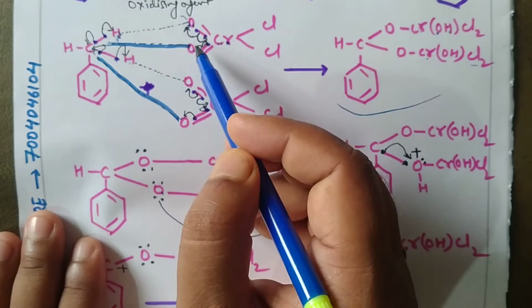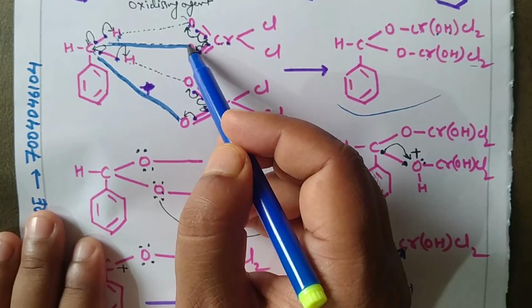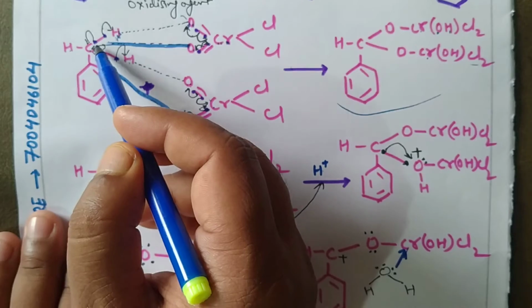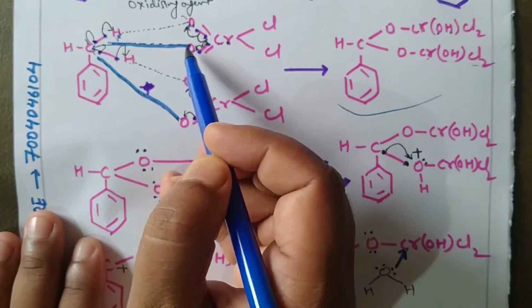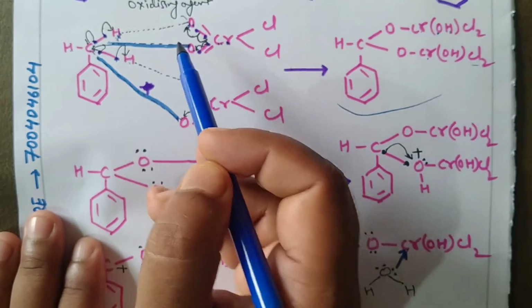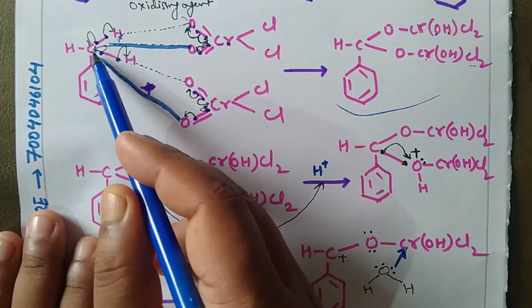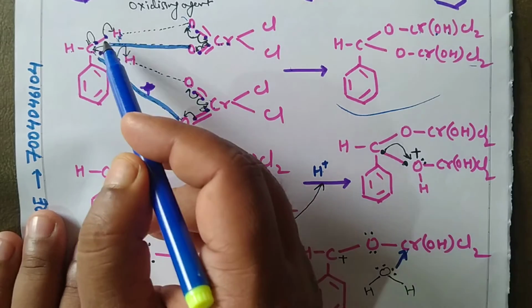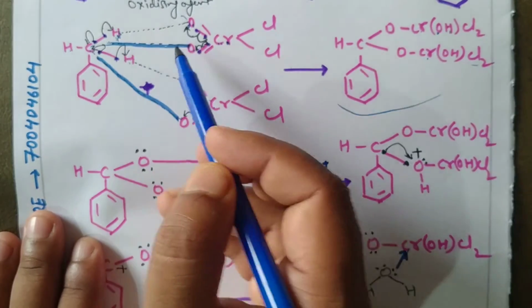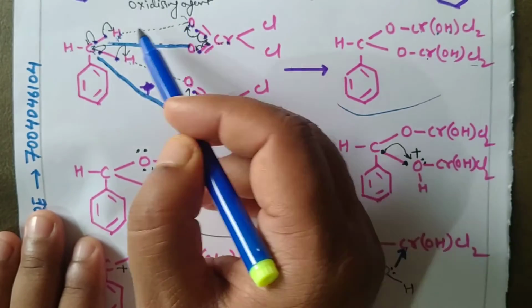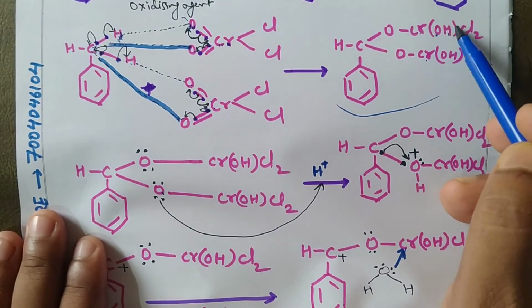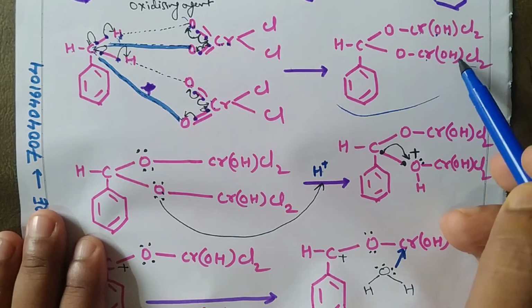Now, this oxygen and these electrons will combine with the electron of carbon, this one, to form a C-O bond. And similarly, this carbon and oxygen form a C-O bond. So the carbon-oxygen bond you can see here, and the oxygen-hydrogen bond, the O-H bond, this one.